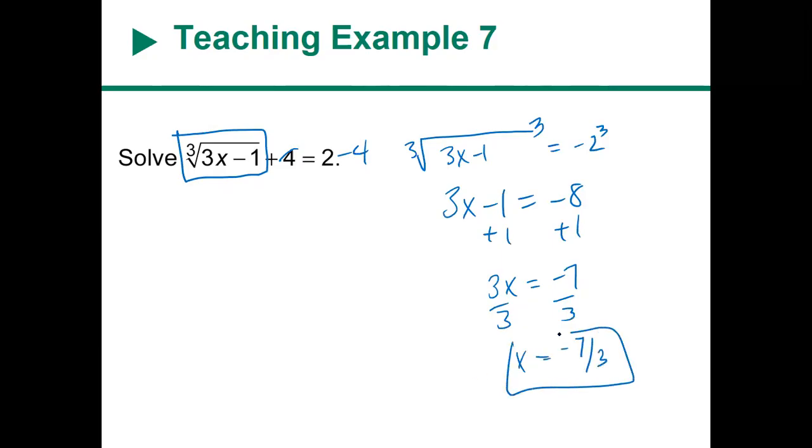So then after I do that, I'm going to plug it in. I will tell you more than likely when there's only one solution, it's usually just the real solution.